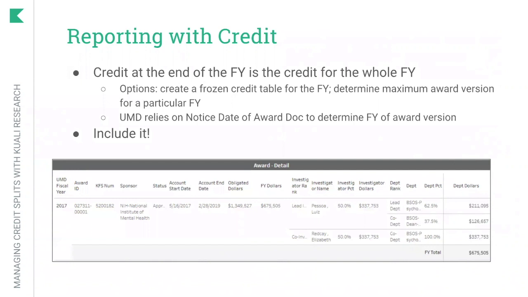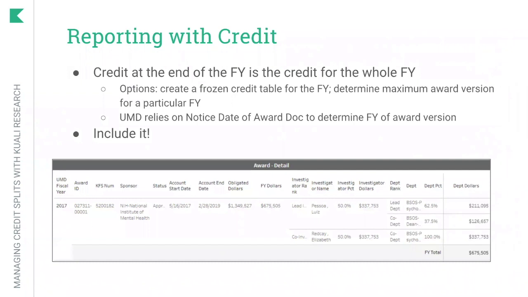Another way that you could do this from the reporting side, that we had considered and actually did use in COEUS days, was to create a frozen credit split table for each fiscal year and go against that. We decided to go a slightly different route with Kuali Research.